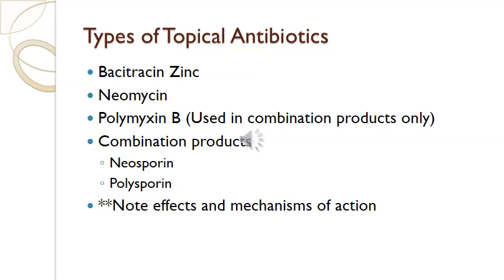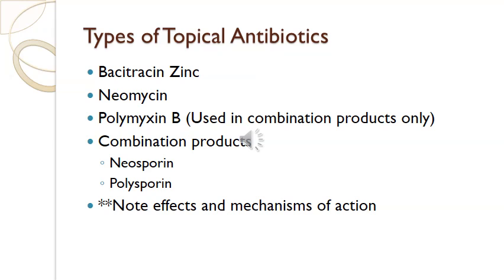So, some of your different types of topical antibiotics: bacitracin is a very common topical antibiotic. You have your neomycin and polymyxin B, which are used in combination products, and I have some other combination products on here. Neosporin is a very popular over-the-counter topical antibiotic. Again, both Neosporin and Polysporin are basically combination products.